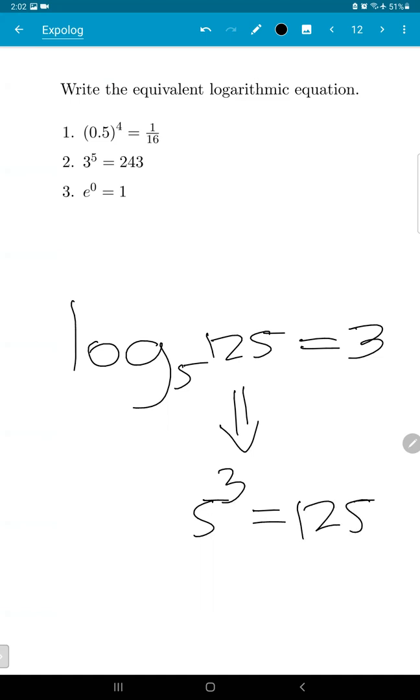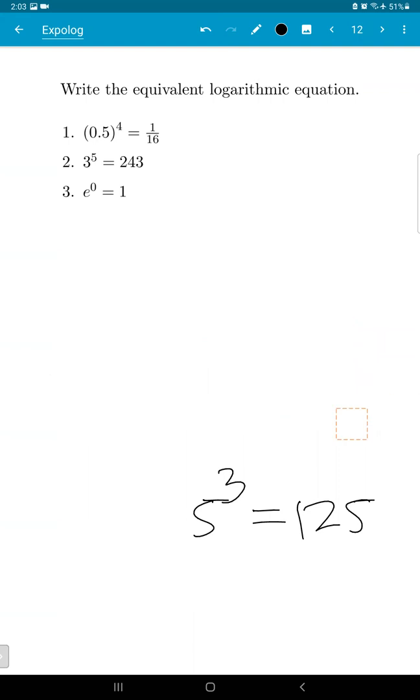We can quickly rewrite that by making arrows like this, where you start with the base 5 and then you raise it to the output 3 to get the input 125. So what we will do is rewrite those first 3 equations in their equivalent logarithmic form.